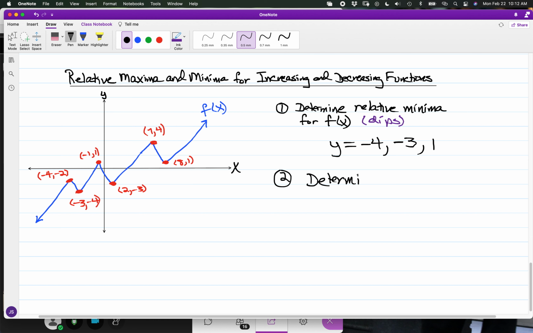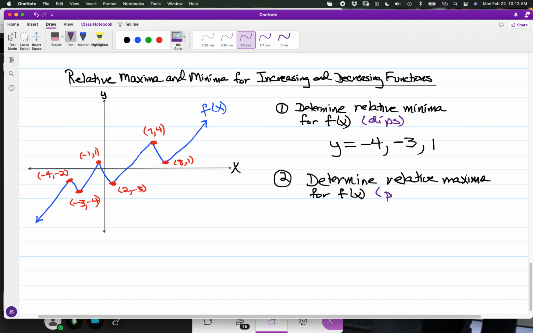And then for the relative maximum, just a little nickname for this, those are going to be the peaks.